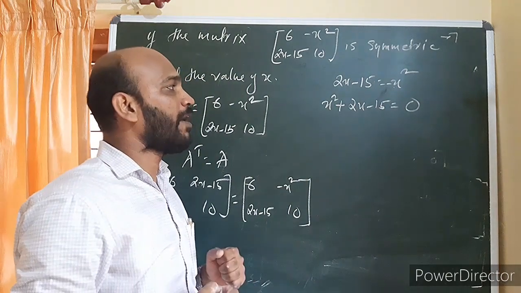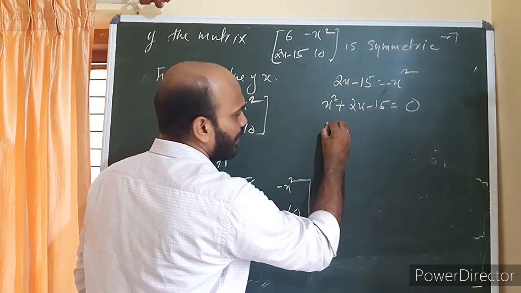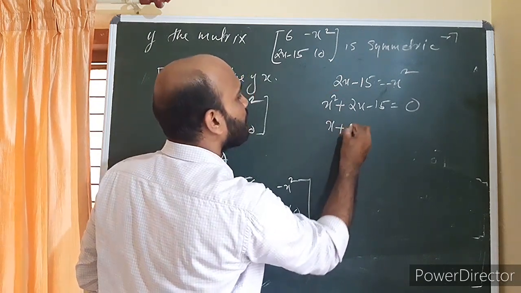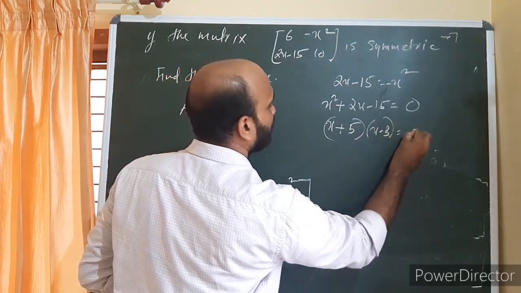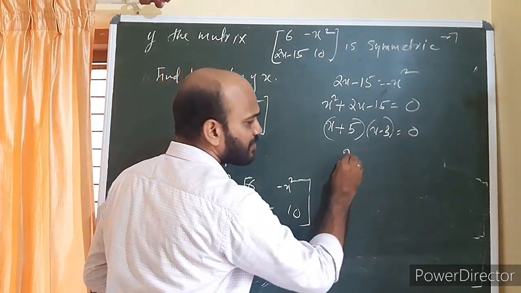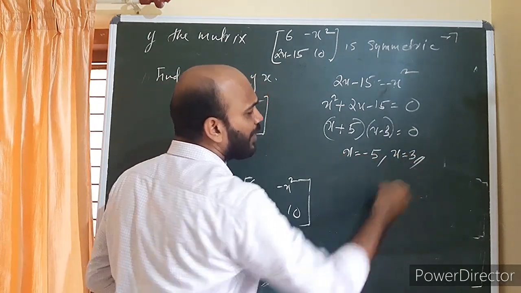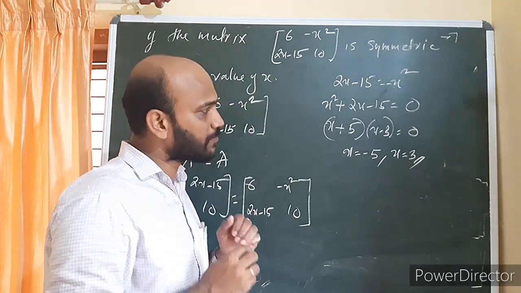Numbers are plus 5 and minus 3. So we can factorize this as (x plus 5) into (x minus 3) equals 0. So we'll get value of x as minus 5 and value of x equal to 3. So we'll get two values for x. One value is minus 5, other one is 3.